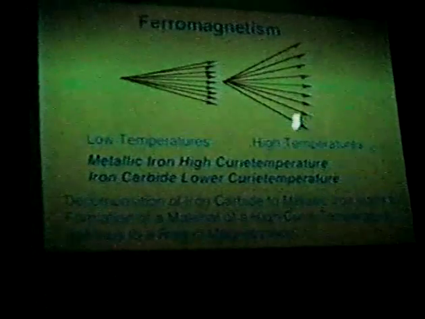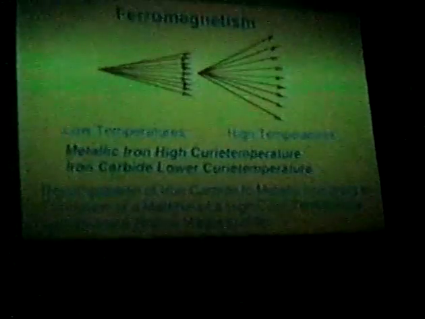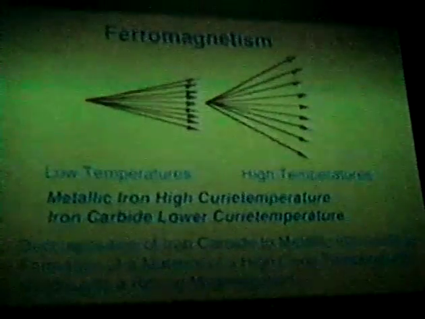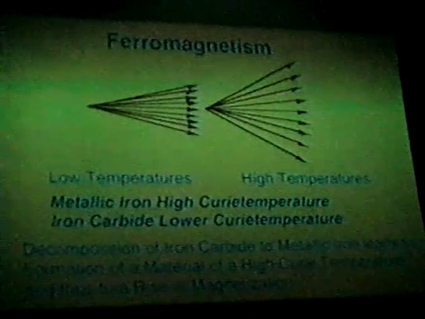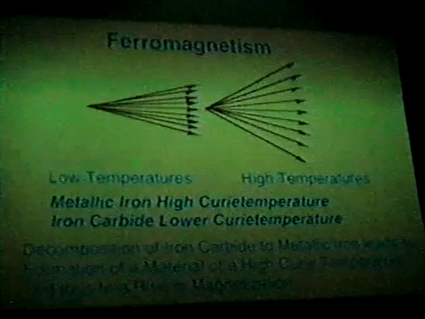Now with metallic iron, you have a very high Curie temperature, you have to raise the thermal energy very much to get rid of the alignment, whereas with the different carbides you have different Curie temperatures. So we are measuring the ferromagnetism as a function of the temperature, and we are considering just the drop in the ferromagnetism, the kind of carbides. We have confirmed all these experiments by Mössbauer experiments, which has been done by Van der Kraan in Delft.